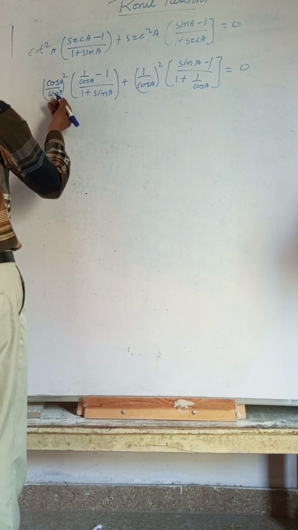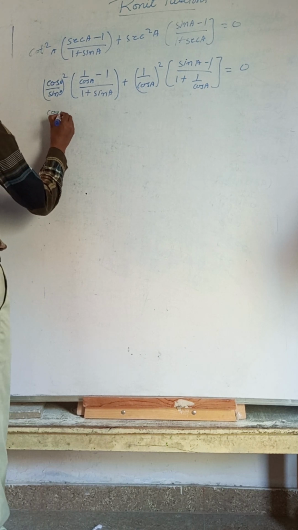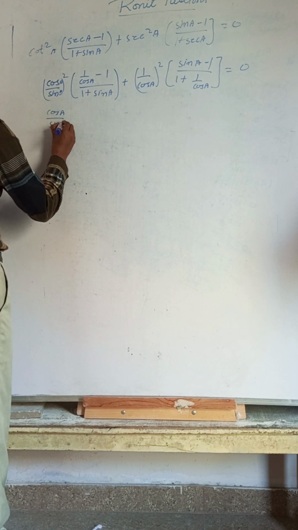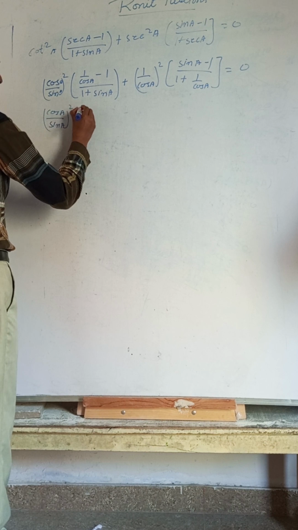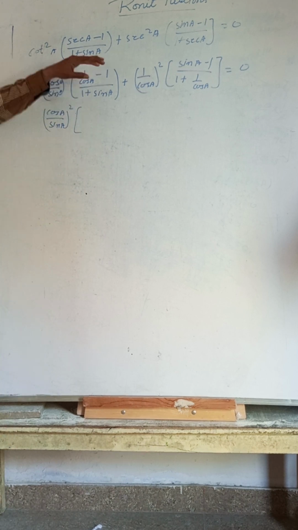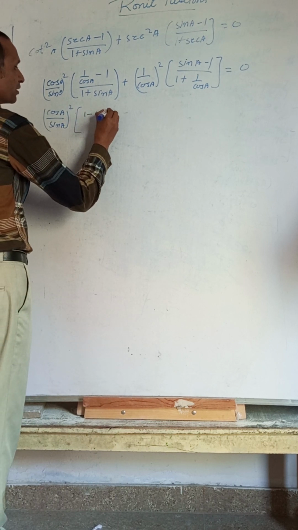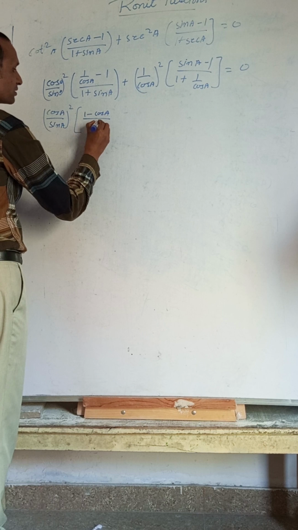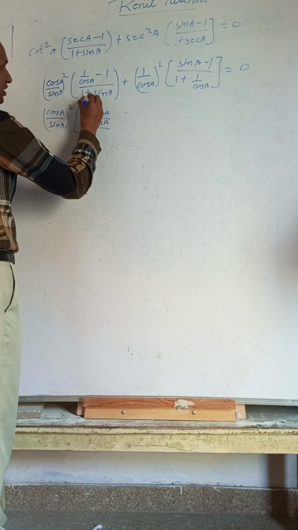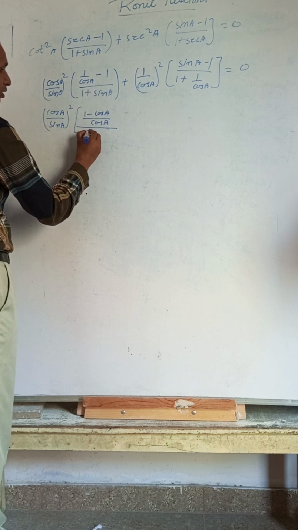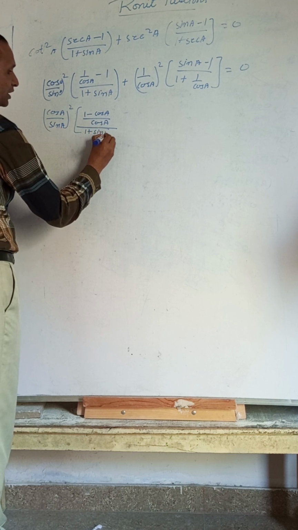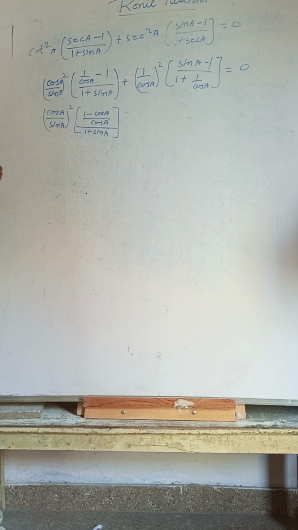LCM we are taking. This as it is written: cos A by sin A, square is there, square kept. Bracket is there, bracket kept. First in this one, square taken: 1 by cos A minus 1. So we can write 1 minus cos A by cos A, by this one, by 1 plus sin A. By taking the LCM it can be written like this.